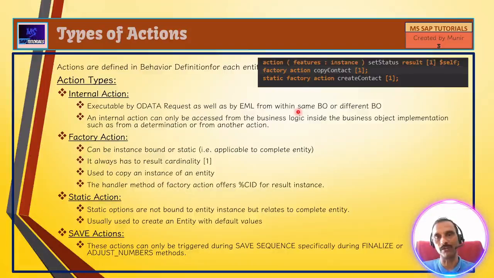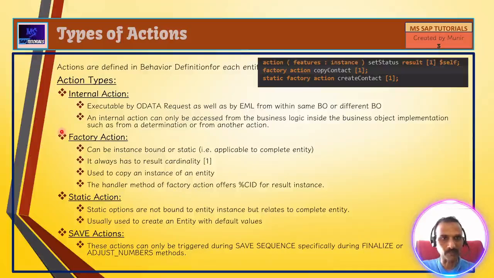That means using the modify with execute, you can call this action from another BO as well. Internally, we can call it by clicking of a button. The internal action can also be accessed from the business logic inside the business object implementation, such as from the determination or from another action.